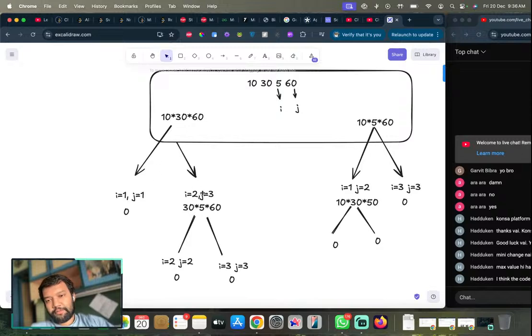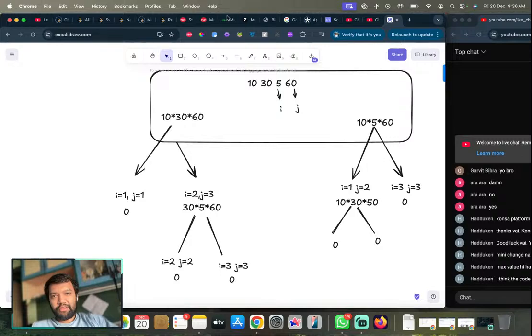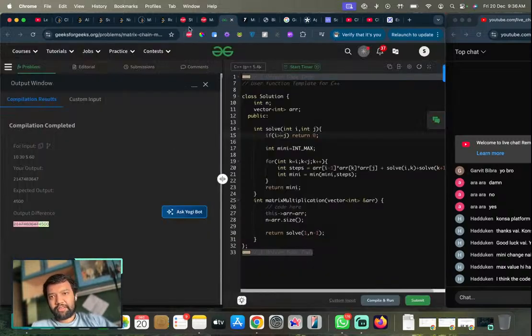This gives us this plus this plus this. So this gives us 5 into, and that's how we get the answer here. Should work. I don't understand why it's not working.